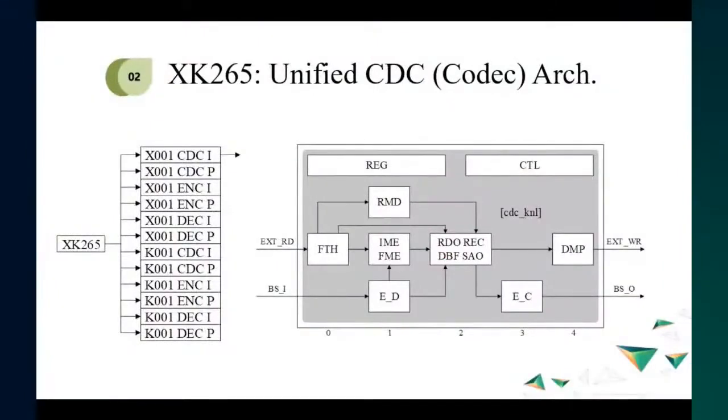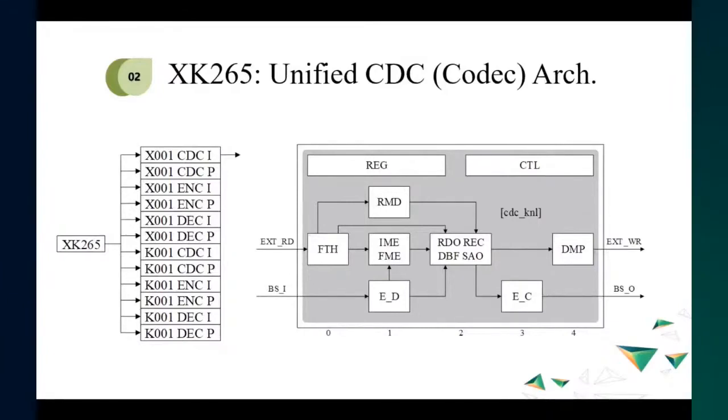Here we show the XK265 unified codec architecture. The architecture includes many modules used in IP cores. The RMD module is the intra-mode decision module, and the FTH is the fetch module to load the original pixels from the main memory.